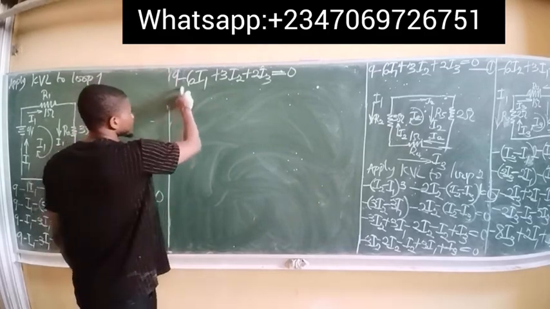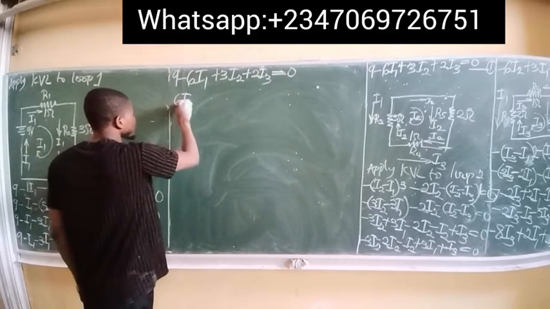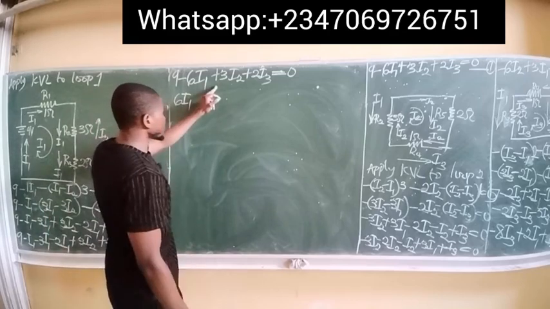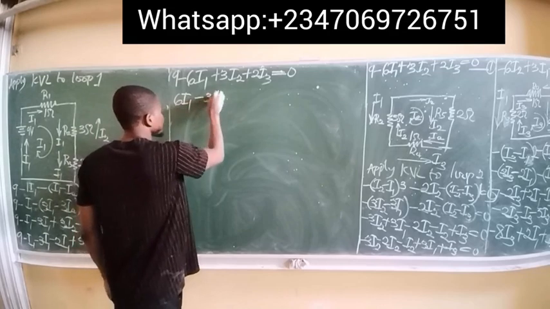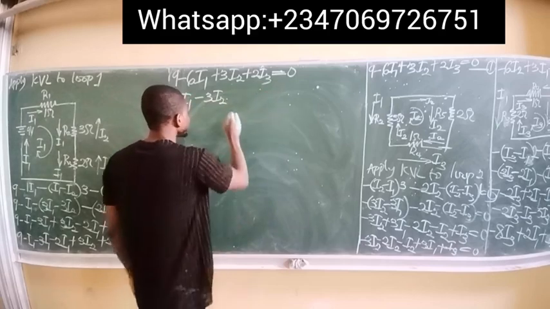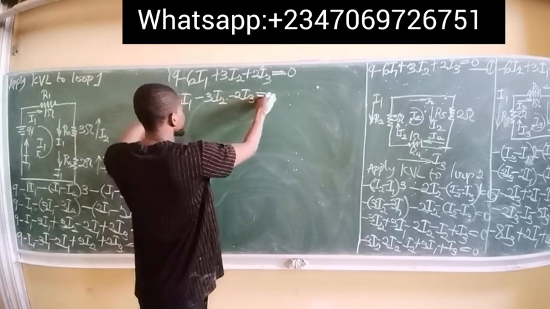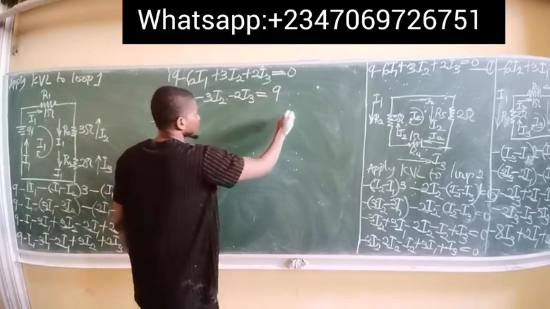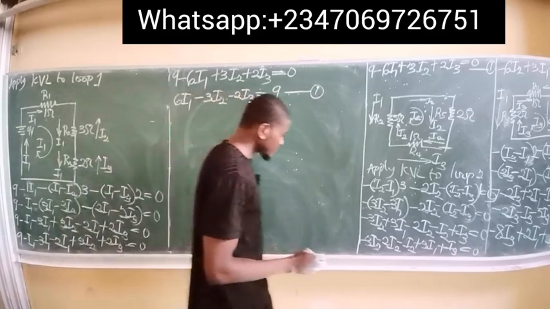If I send minus 6 over here, it becomes positive, so I will simply have plus 6I1. If I send plus 3I2 over here, it becomes negative, minus 3I2. Same thing, if I send plus 2I3 over here, it becomes negative, minus 2I3. And this is now equal to 9, which I'm left with on this side. Let's call this equation 1. So that's rearranging equation 1.